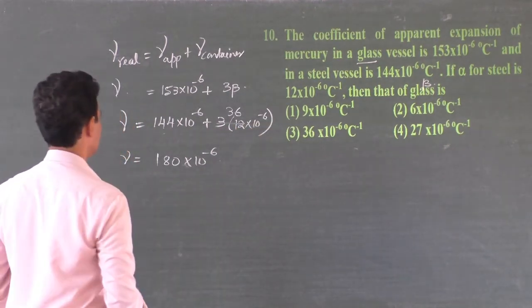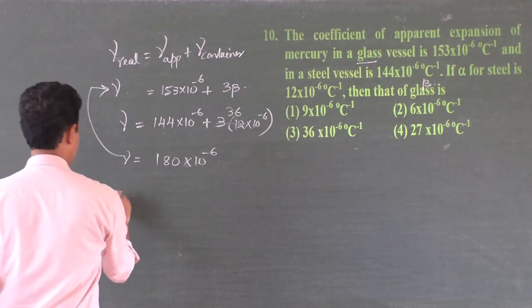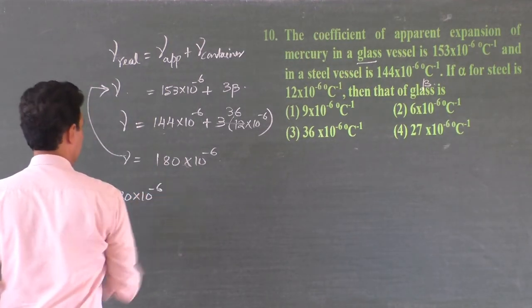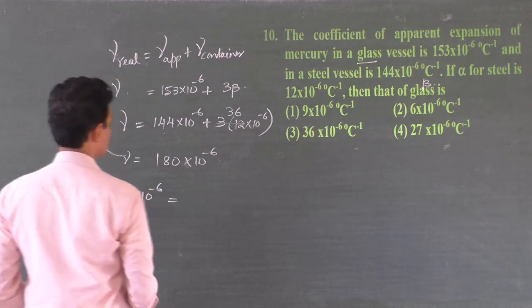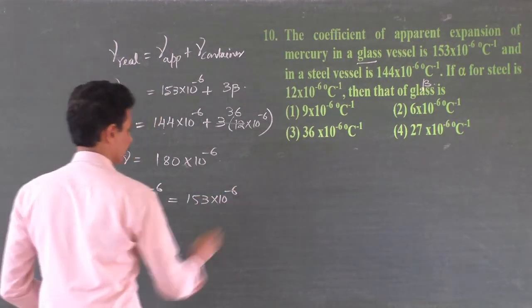Substitute it here: 144 plus 36 is 180 into 10 to the power minus 6. Put this here: 180 into 10 to the power minus 6 is equal to 153 into 10 to the power minus 6 plus 3 beta.